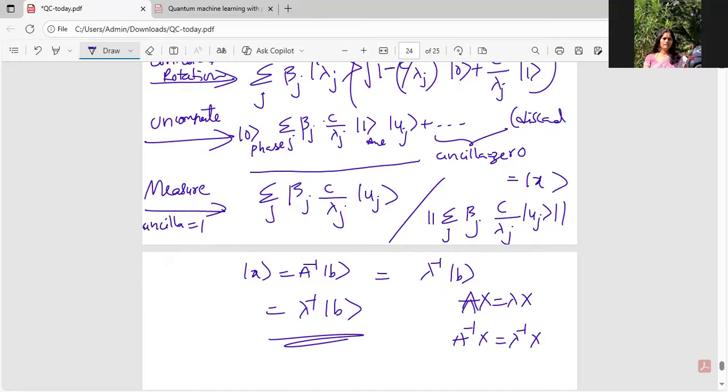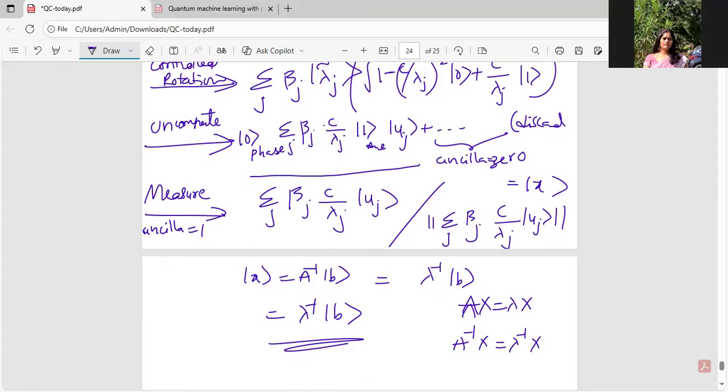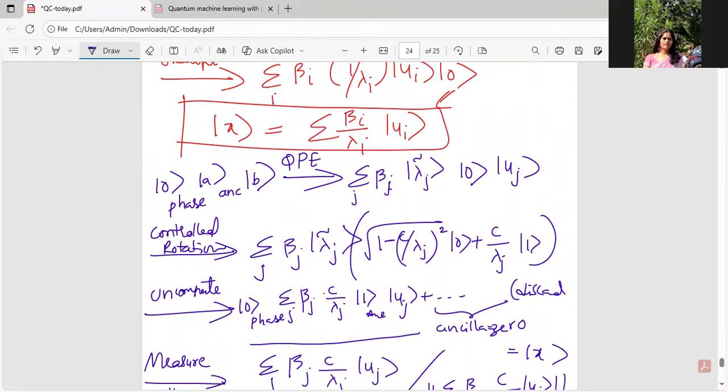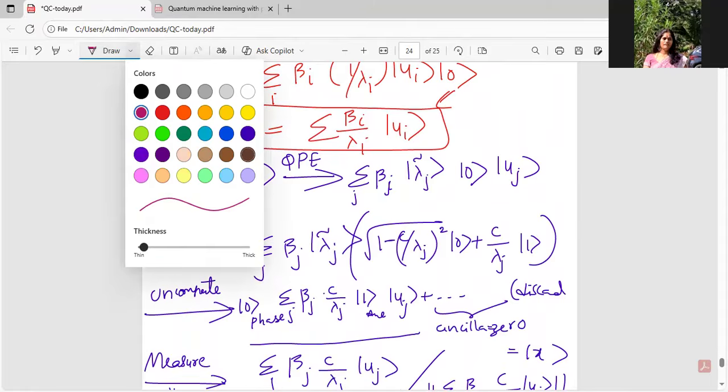Why am I able to say clearly that it would be 1 by lambda? Because I'm starting with finding eigenvalues for A and hence the eigenvectors for A, and hence I am proceeding, of course, in a quantum way because of it. If you understand this, guys, HHL can be written in an extraordinary way. This circuit diagram, if you understand, you can express it in your own way, guys.